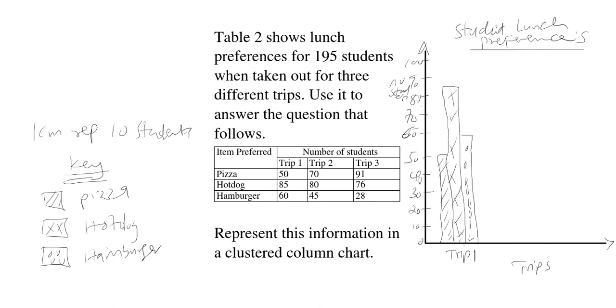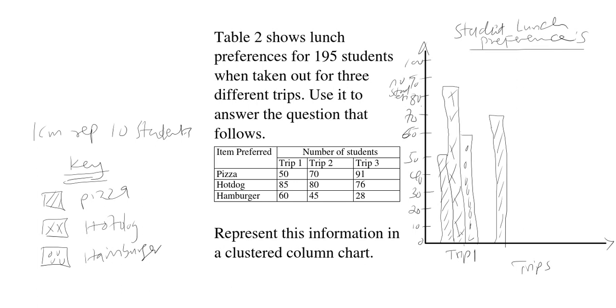So we will do the same for trip 2. You have to space the columns now in order to have the cluster for trip 2. For trip 2, we start with pizza 70. So we draw 70. You have to use a ruler. We shade it.